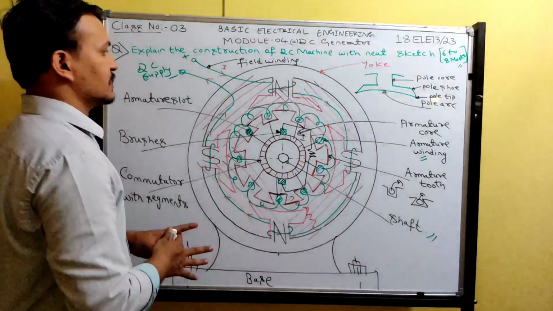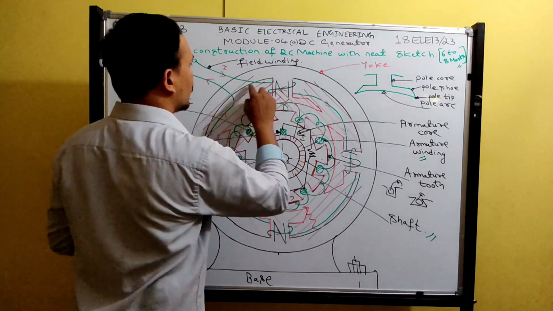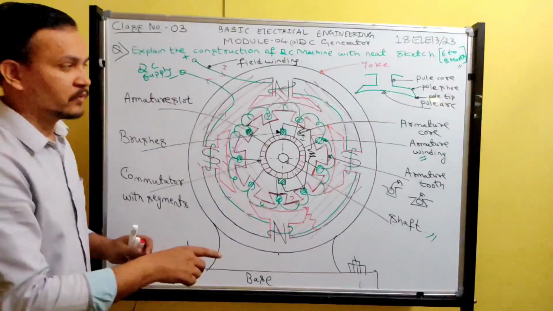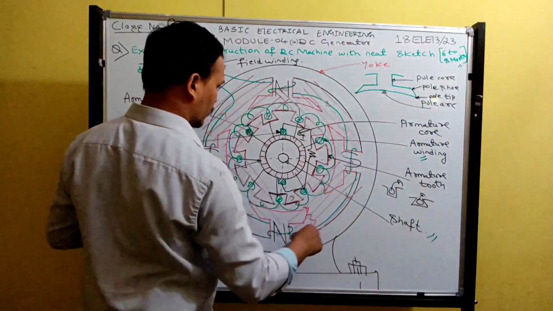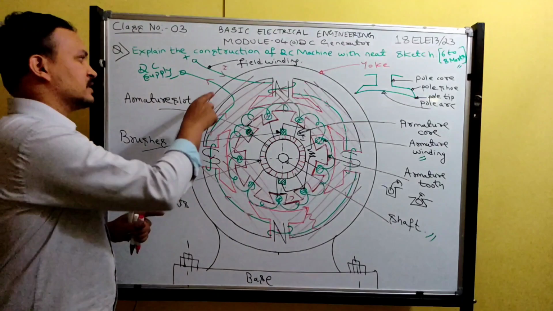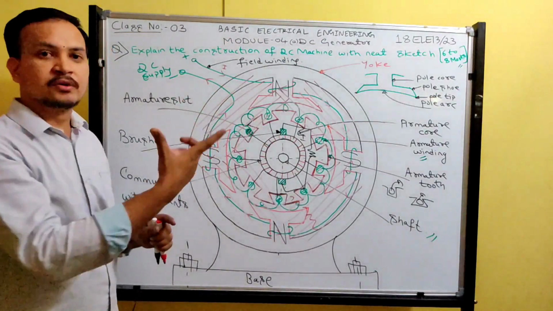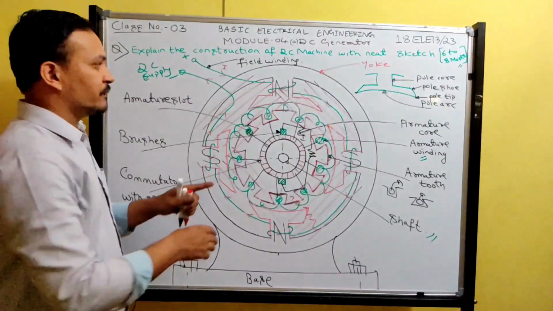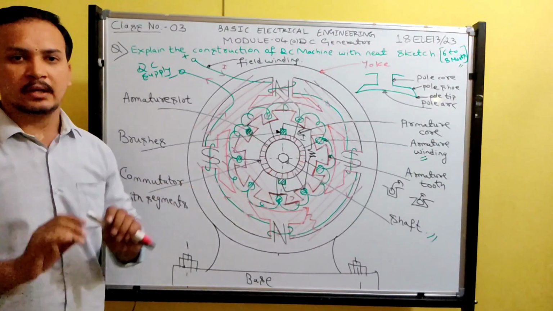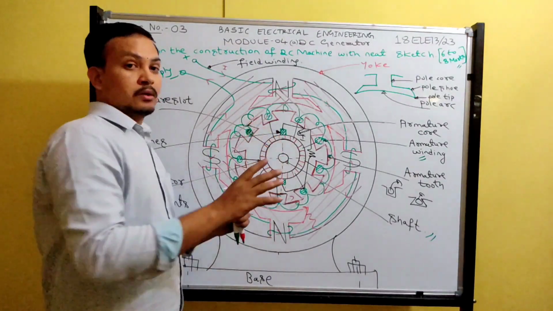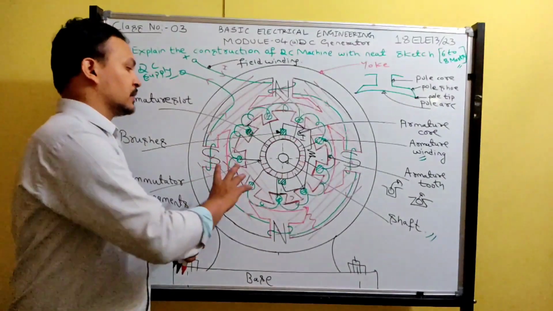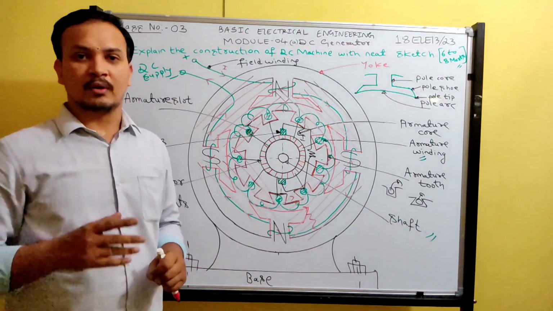Under that condition, we can place the field windings on the pole cores. We can excite that field winding by a supply, which carries current. That current produces a magnetic field. That magnetic field spreads around the armature conductors, and hence a greater rate of change of flux takes place. Under that condition, you get more induced voltage.